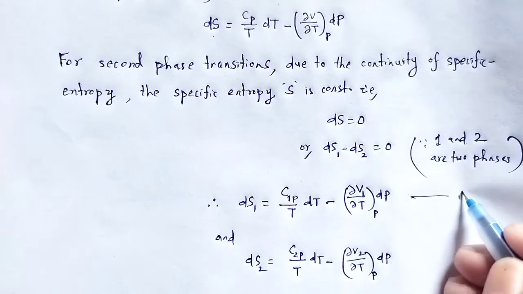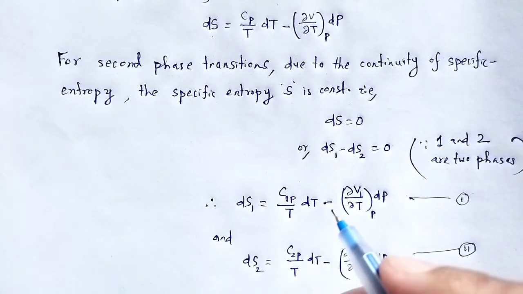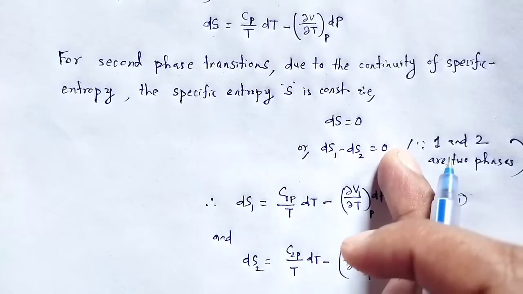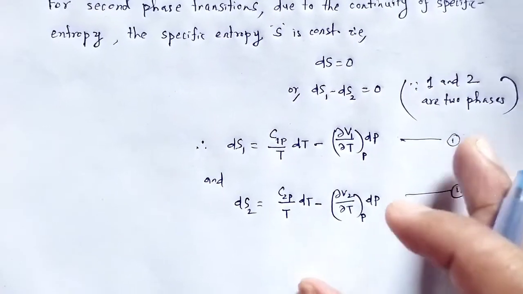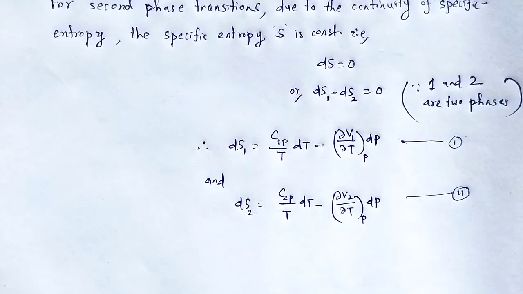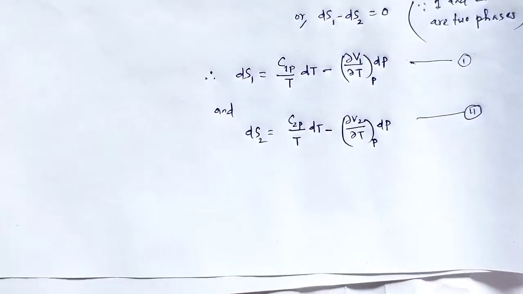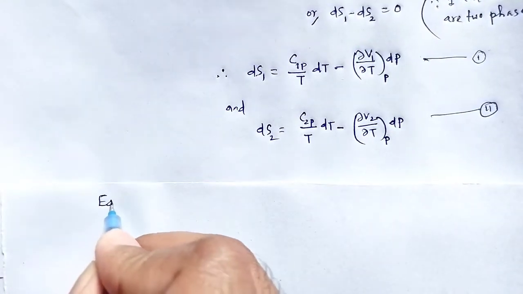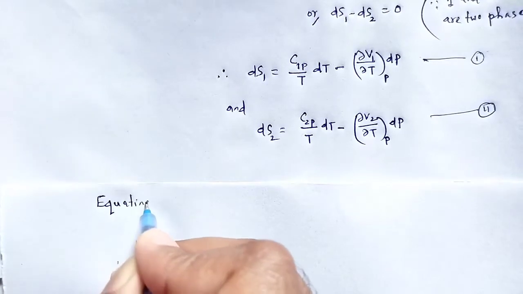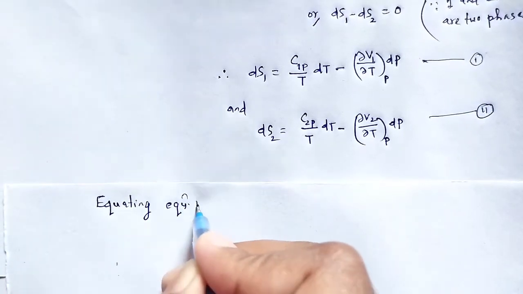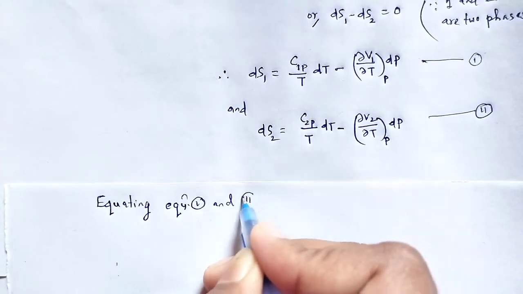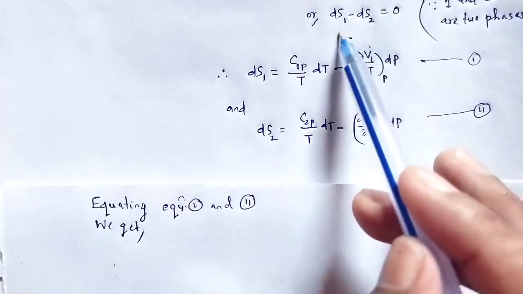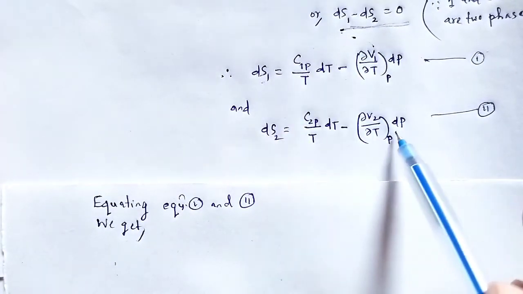Let these be equations I and II. So, what happened? Equating I and II means dS1 is equal to dS2. So, that equation is the same as that equation.